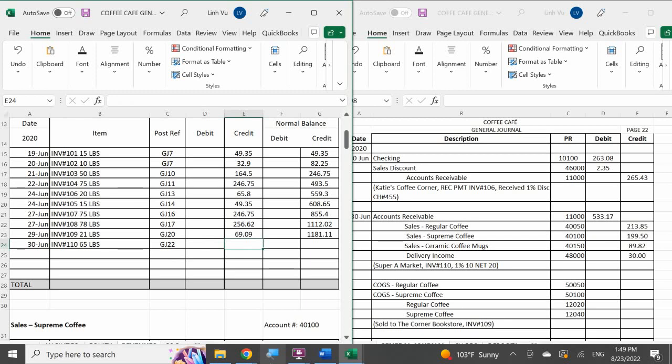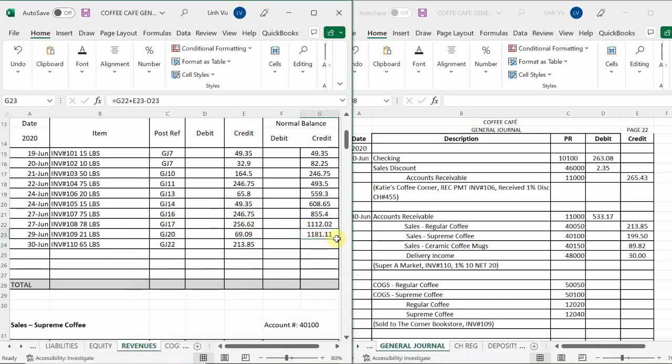For $213.85. So that should give me a grand total of 1394.96. Good, also. Okay.